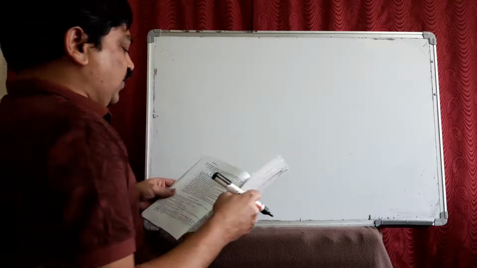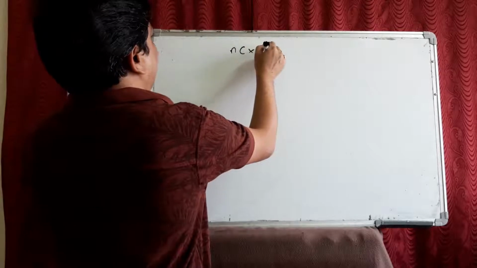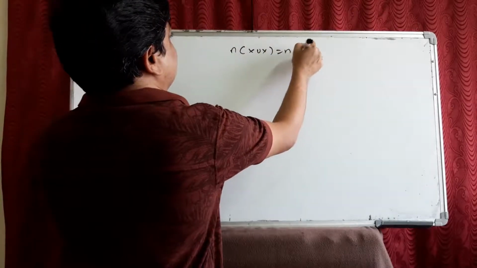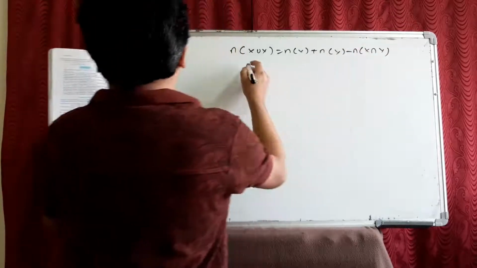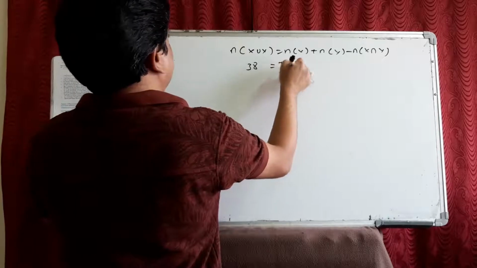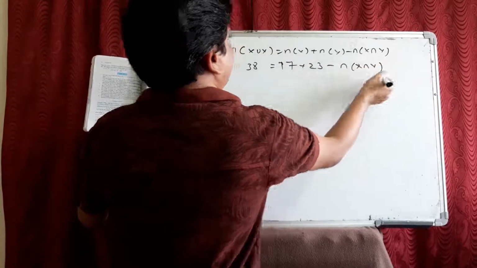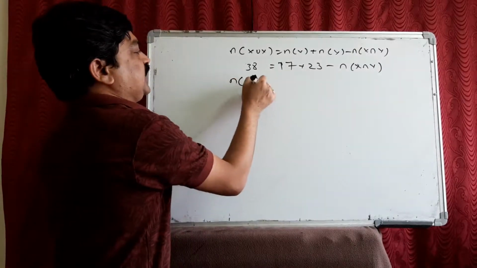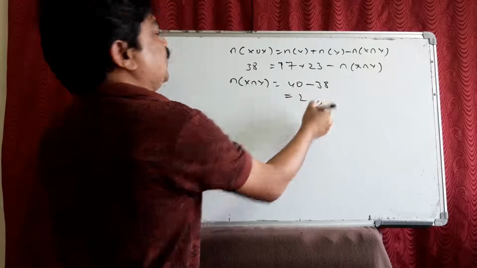N of X and n of Y are given, n of X union Y is given. We apply the same formula: n of X union Y is n of X plus n of Y minus n of X intersection Y. So this is given 38, this is given 17 and this is given 23. We need n of X intersection Y. Bring it here. N of X intersection Y is 40 minus 38. This is 2. That's it.